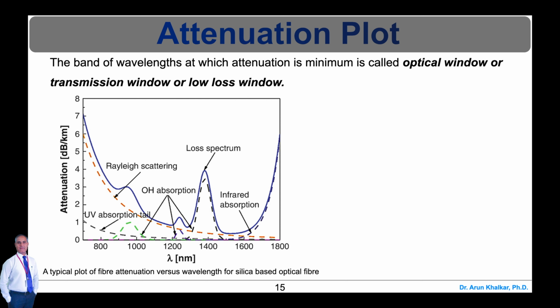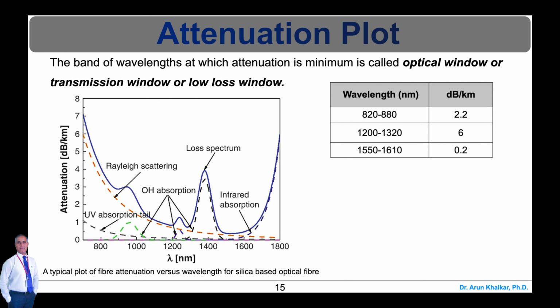So according to this table, for wavelength between 820 to 880 nanometer, the dB per kilometer is 2.2, whereas for 1200 to 1320 nanometer, the dB per kilometer is 6, whereas for wavelength 1550 to 1610 nanometer, the dB per kilometer is 0.2.